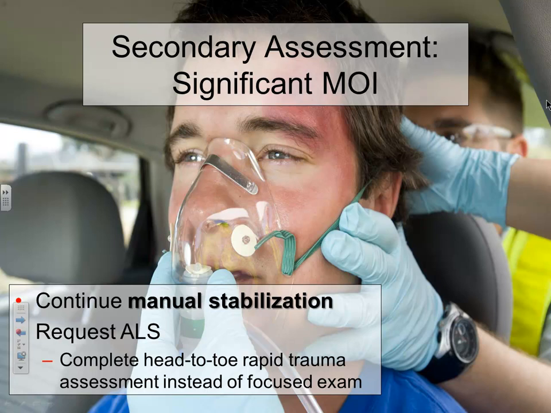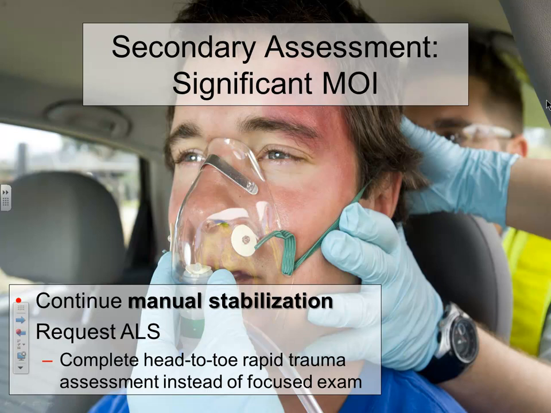Same thing if they've got an ankle injury: you would hold manual stabilization on that ankle until you can get it immobilized in some type of splint. So as part of putting on your C-collar and holding manual stabilization, as soon as you've assessed the neck adequately, then you can put that C-collar on. You still have to hold on to it.